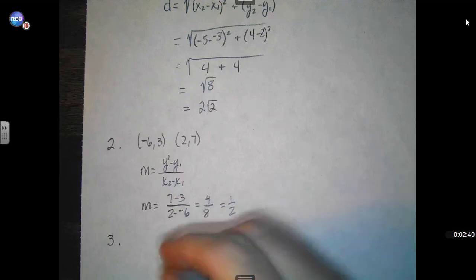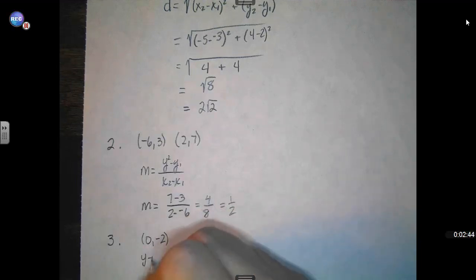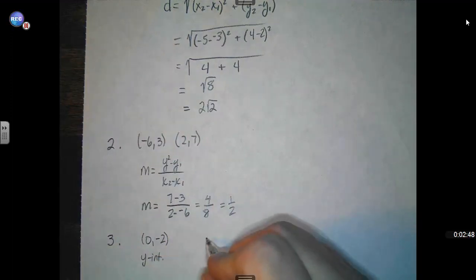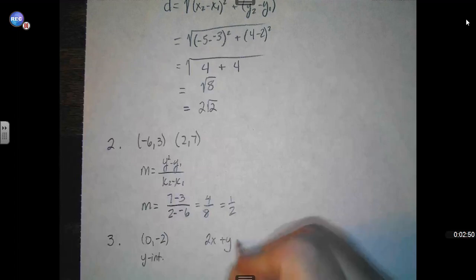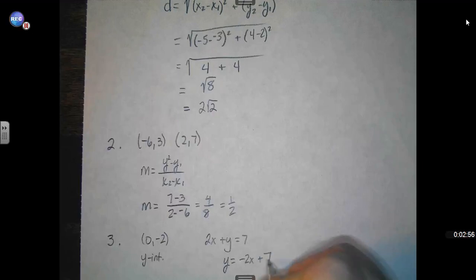Find the equation of the line through 0, -2. That's nice. They gave me the y-intercept. Perpendicular to 2x plus y equals 7. So that means that the slope of this line is -2.